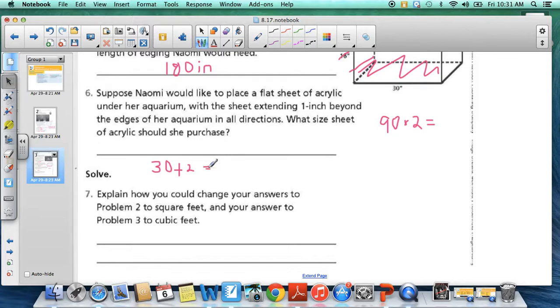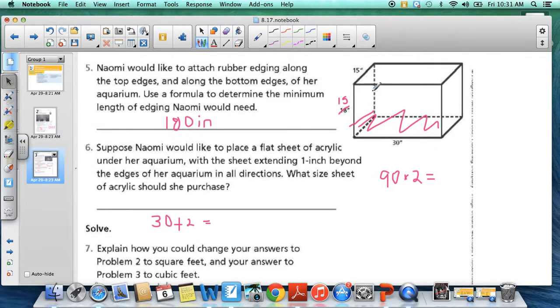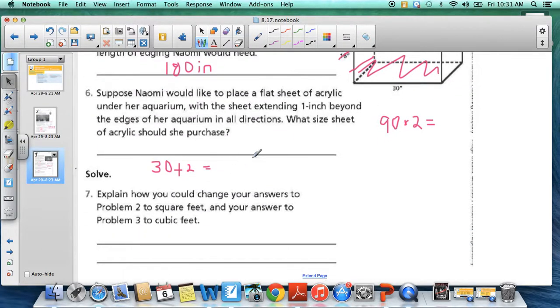And then we want to find this side, the width, and that's 15. If you go back up here, it's 15. Then we take 15, and we're going to add 1 inch to each side, so plus 2 inches, and that would equal 17 inches.